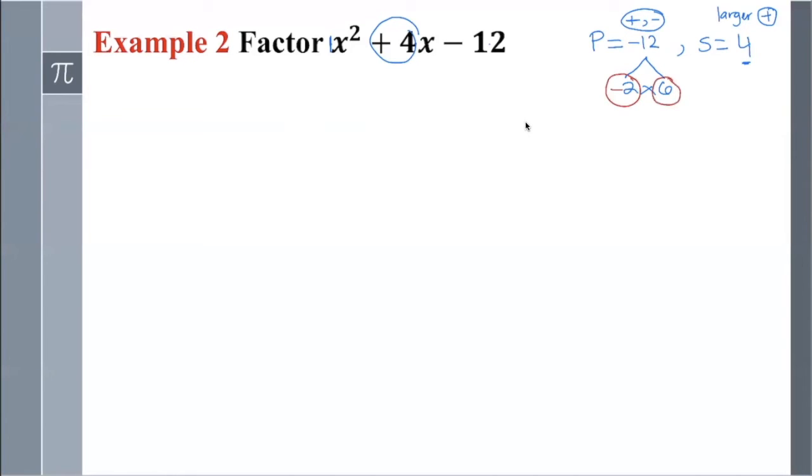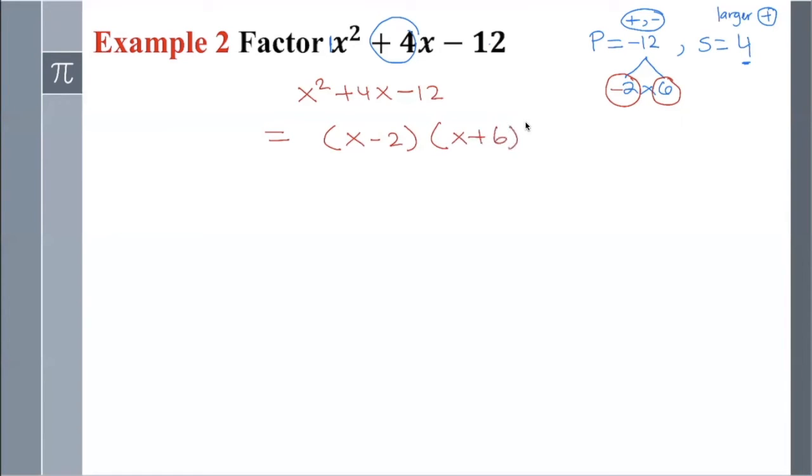Now we are going to go ahead and factor this. So we have x squared plus 4x minus 12 equals, we'll write the factors as x plus the first number, which is negative 2. So that gives us x minus 2. And then x plus the second number, which is 6. So x plus 6.